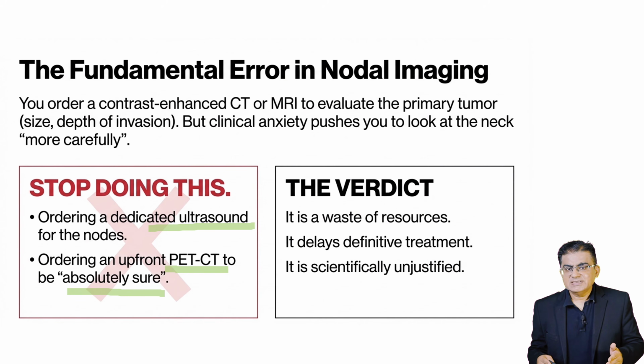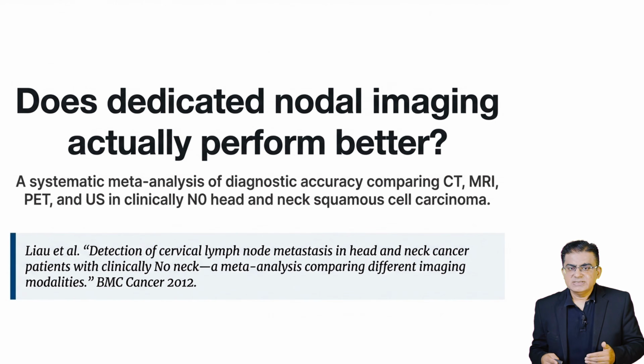Ordering multiple scans to detect occult nodes is a massive waste of resources. It delays definitive treatment and frankly, it is scientifically unjustified. Now you might ask me, sir, doesn't a dedicated ultrasound or a high-tech PET CT scan actually perform better at finding those hidden nodes?